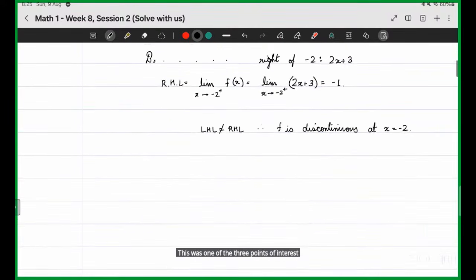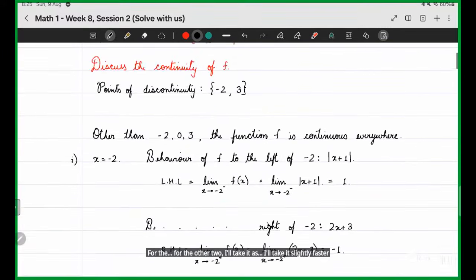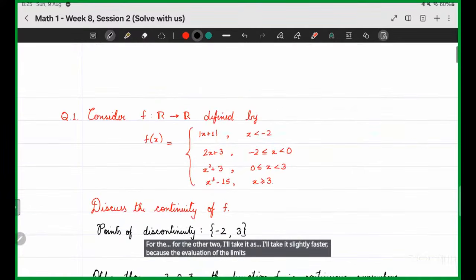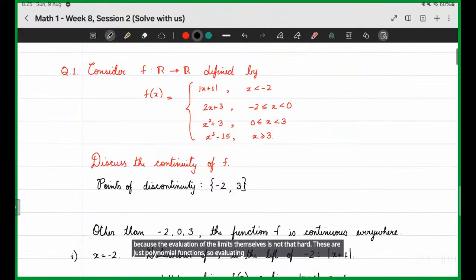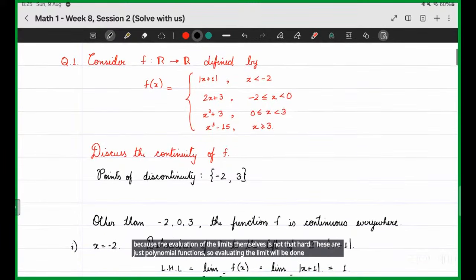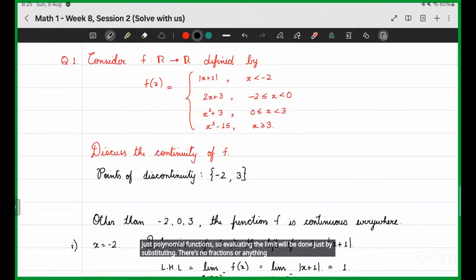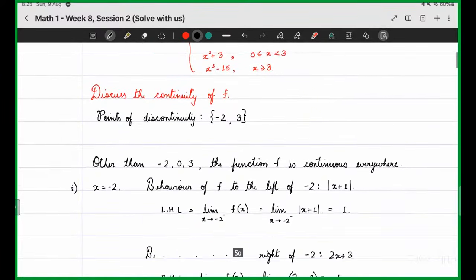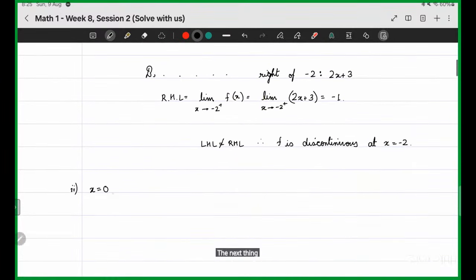For the other two, I'll take it slightly faster because the evaluation of the limits themselves is not that hard. These are just polynomial functions, so evaluating the limit will be done just by substituting. There are no fractions or anything of that sort. So the next thing is x equal to 0.